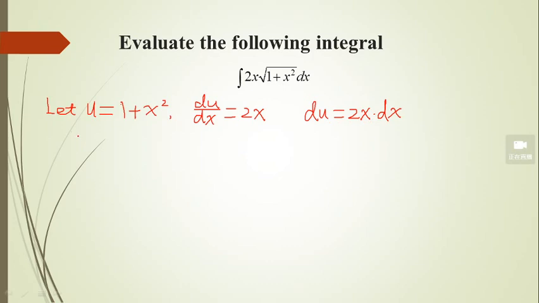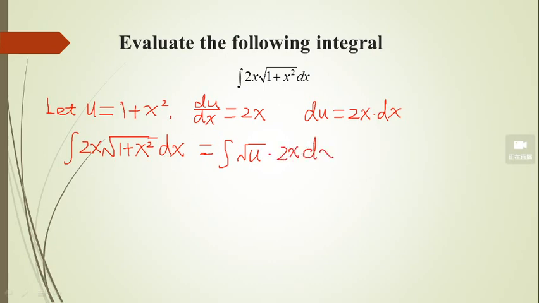Now, to evaluate this integral, we can use the new variable u. I have u replacing the function of x under the root. Then it should be the root of u times 2x dx. What is 2x times dx?